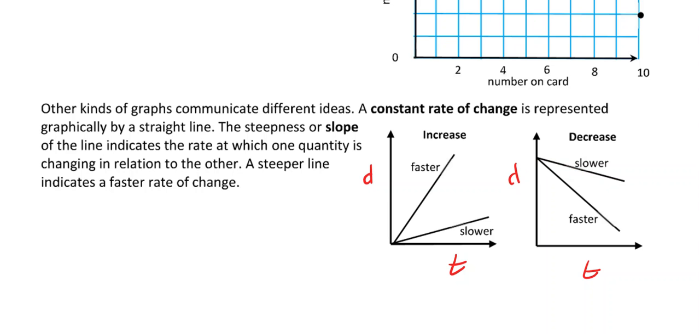So this could be how fast a pool is filling up, like volume over time. Maybe the volume of the pool is filling up at this sort of rate. So it can be any rate of change, and a rate of change is just how things are changing over time.